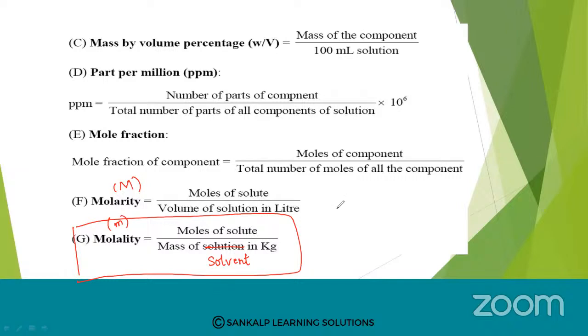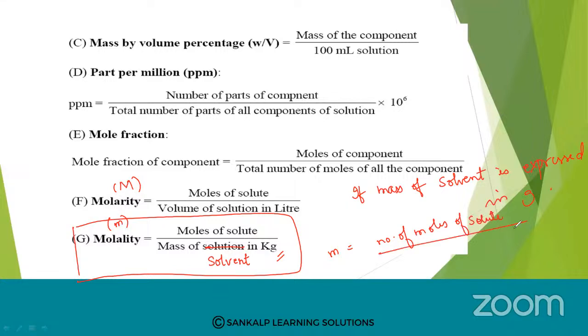If the mass of solvent is expressed in grams, then molality is given as the number of moles of solute divided by mass of solvent in grams, into 1000 gram per kg.